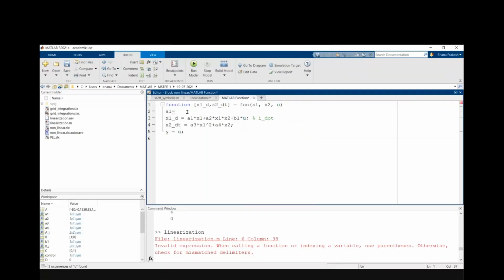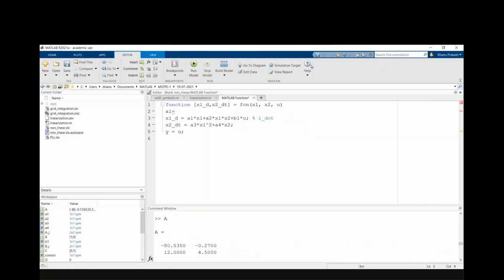Now I have to define A1, A2. So let me approximate the values. Actually, this one is like A1. If you see that, A1 into X1 plus A2. And at here, A1, we'll delete this.